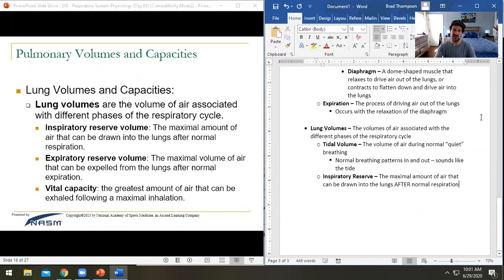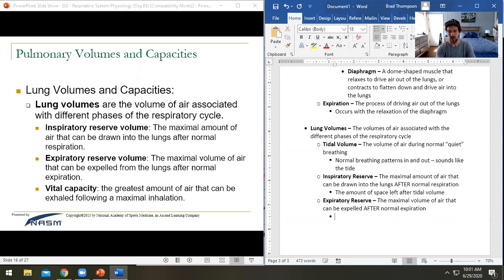So it's the amount of space left after tidal volume. Then you have your expiratory reserve, which is the exact opposite concept, right? That's the maximal volume of air that can be expelled after normal expiration. And so that's the amount of space available after tidal volume.